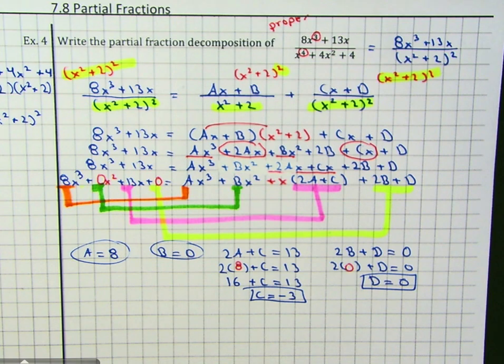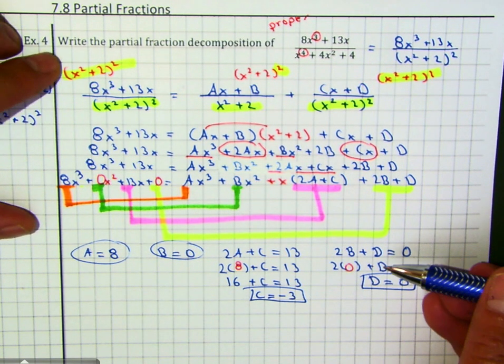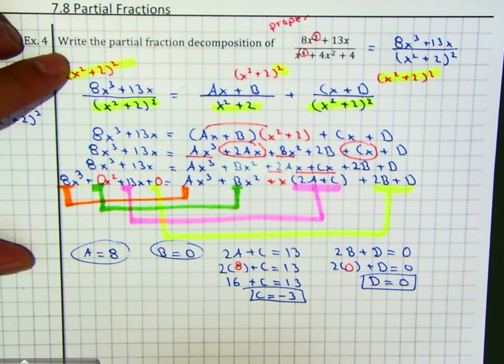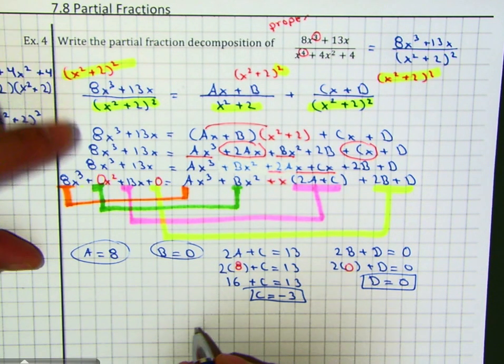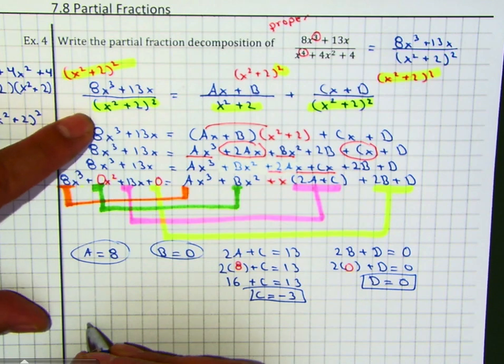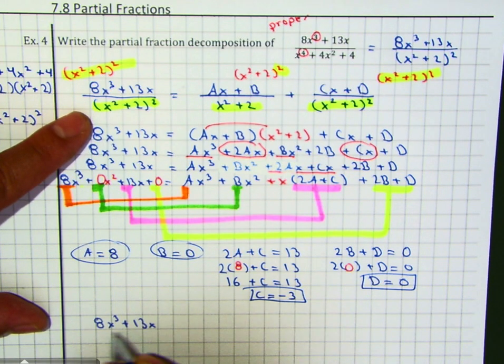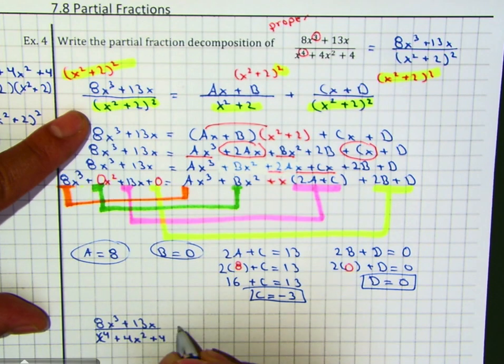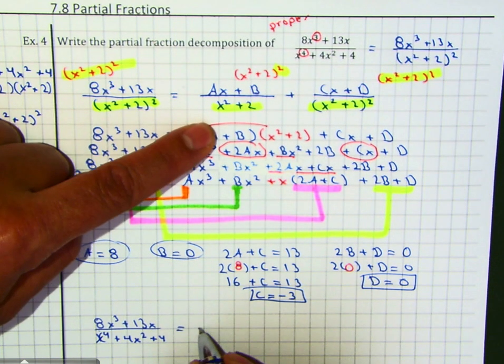Now there's going to be times that you do need to be able to do it by combination, just like the 3 by 3s, but in this case we don't. So let me rewrite my expression. We have 8x to the third plus 13x over. Let me write down my original expression, which is x to the fourth plus 4x squared plus 4 equals, I have x squared plus 2.